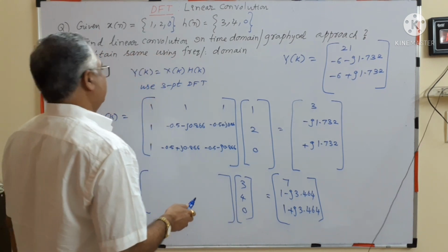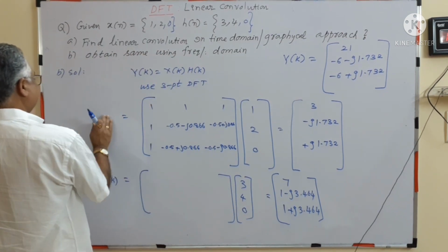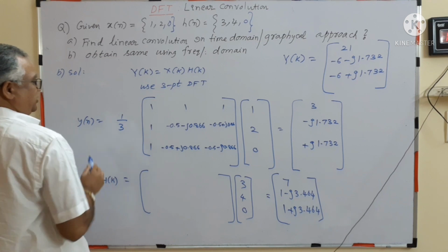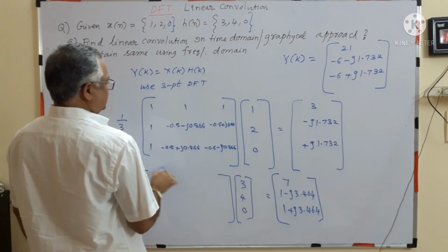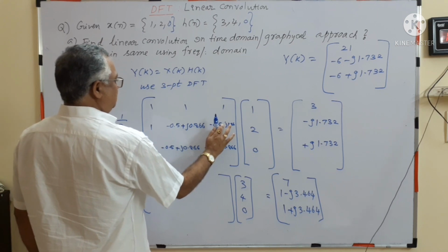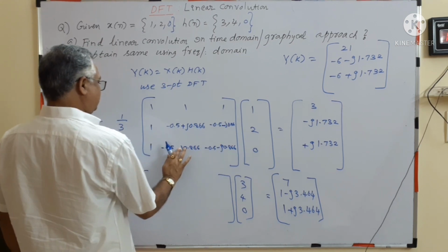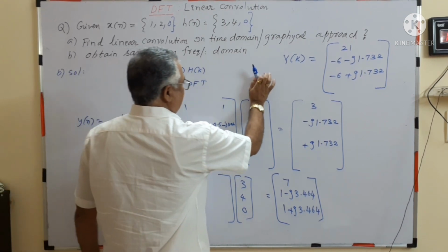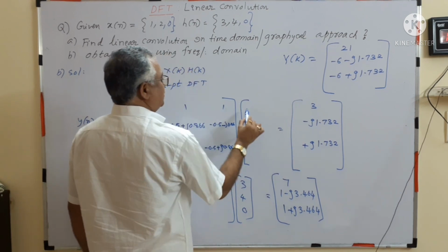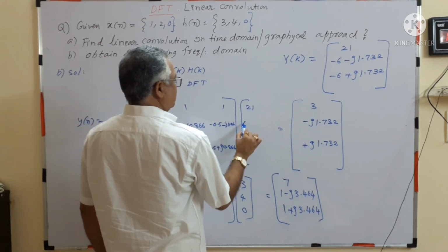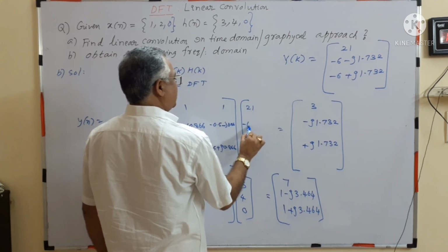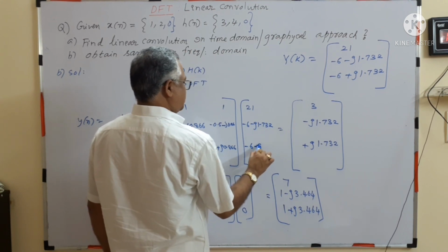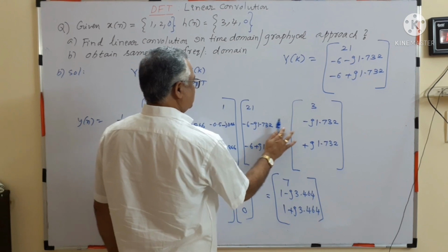Then how to get y of n? Y of n is nothing but 1 by 3 complex conjugate of this. So this is plus, this is minus, this is minus, this is plus. This is multiplied with 21, minus 6 minus j 1.732, minus 6 plus j 1.732.